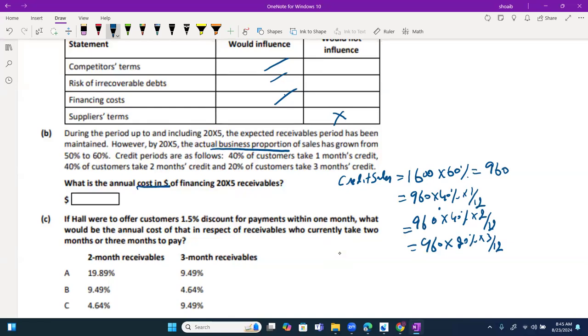What is the annual cost? Obviously, you have to face the interest cost on this. So 960 into 0.4 divided by 12 into 0.1, 3.2. 960 into 0.4 divided by 2, 2 by 12 is 6, into 0.1, 6.4.